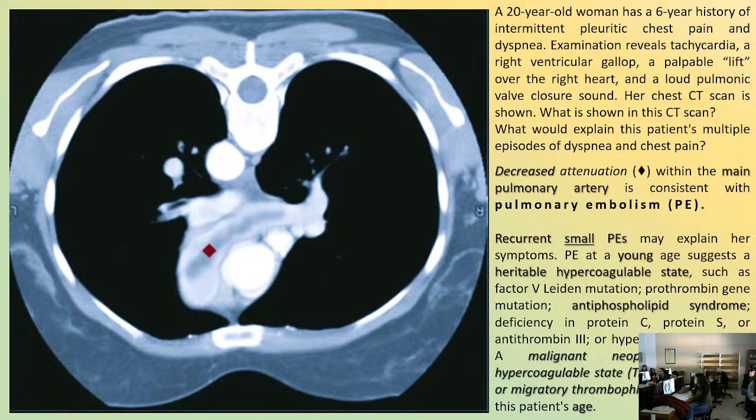And there is a syndrome named Trousseau syndrome, where we have migratory thrombophlebitis, and it's most commonly, not always, related to pancreatic cancer. But in any case, cancer patients must take heparin injections because they may die of pulmonary embolism.